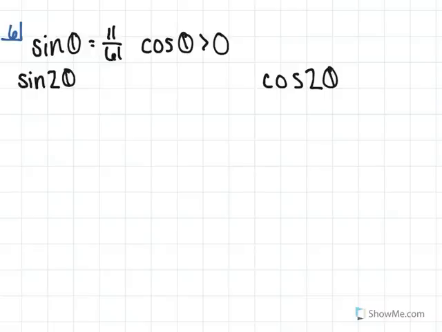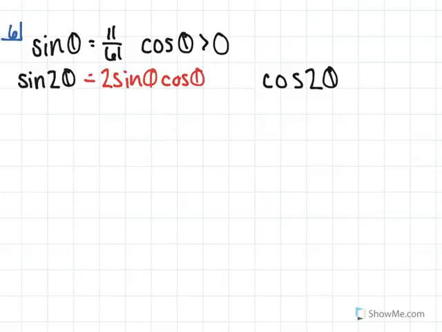In this problem, we're told that sine of theta equals 11 over 61 and cosine of theta is greater than 0. And we're asked to find sine of 2 theta and cosine of 2 theta. Starting with sine of 2 theta, we know that sine of 2 theta is equal to 2 sine theta cosine theta.